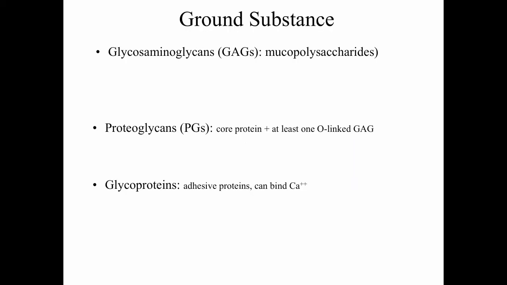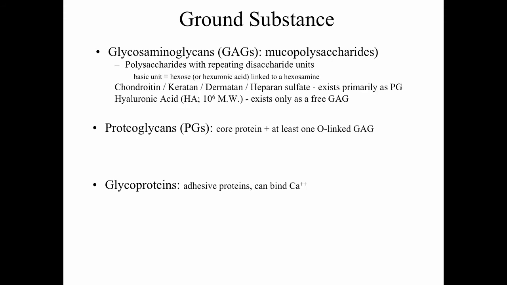The major components of ground substance, as we said, are glycosaminoglycans, proteoglycans, and various glycoproteins. The glycosaminoglycans are also called mucopolysaccharides. These are polysaccharides with repeating disaccharide units. The basic unit is a hexose or a hexuronic acid linked to a hexosamine. Common ones are chondroitin sulfate, keratan sulfate, dermatan sulfate, heparan sulfate.